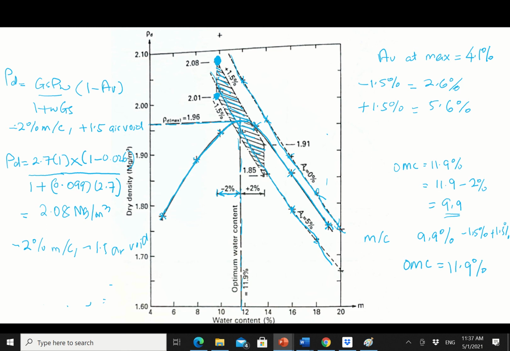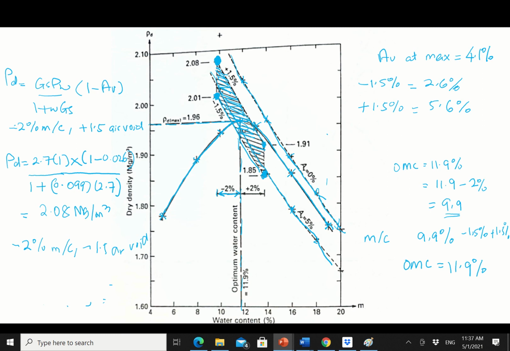I'm doing the same thing for positive moisture content and positive air void content, this value, and then for negative air void content, that value. So I'm having this area. This is the shaded area.